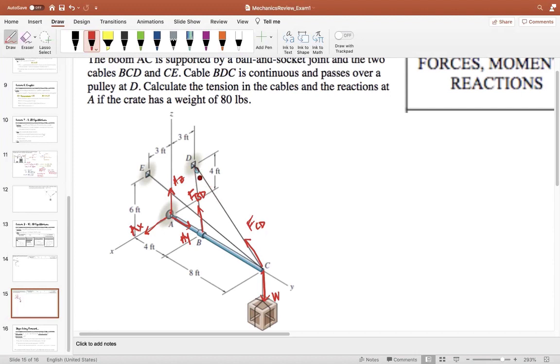The pulley essentially just bends the cable, but the cable itself has the same tension going through it. So FBD and FCD are going to be equal to each other. We'll take care of that later, because technically you still have to account for the different directions, but just know that they are going to be equal in magnitude. So, any other forces you see?